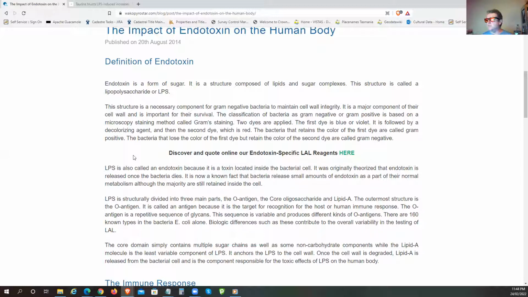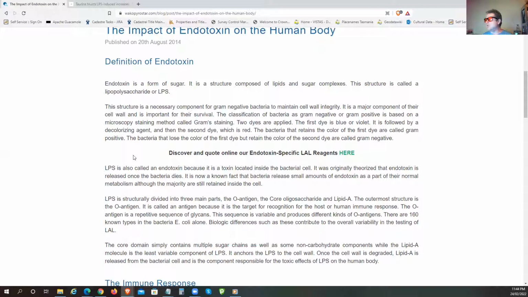Anyway, the core domain simply contains multiple sugar chains as well as non-carbohydrate components. While the lipid A molecule is a variable component of LPS, it anchors LPS in the cell wall.